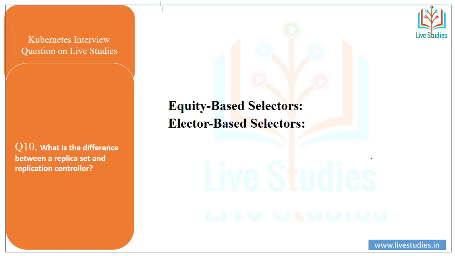So there are two types: equality-based selectors and set-based selectors. The first point is equality-based selector, which means this type of selector allows filtering by label key and value. In layman's terms, the equality-based selector will only look for the pod which has the exact same value as that of the label.